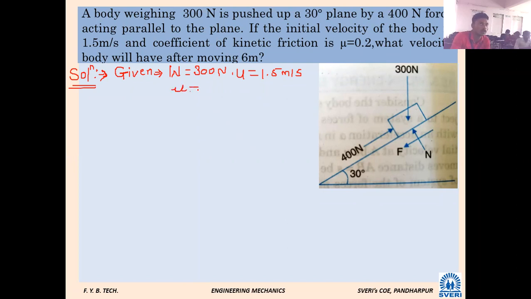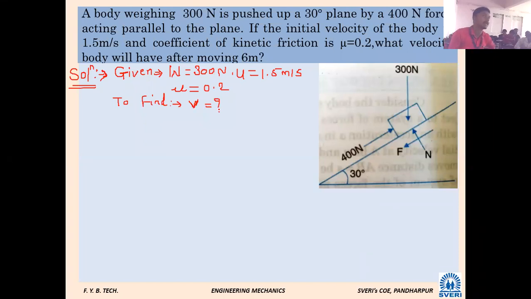That's why that word came. So mu is 0.2. And to find v, the velocity is asked.